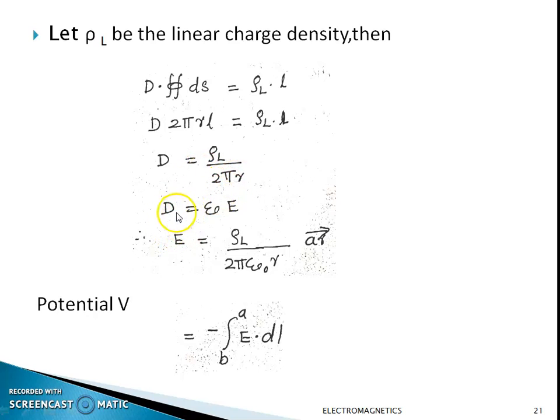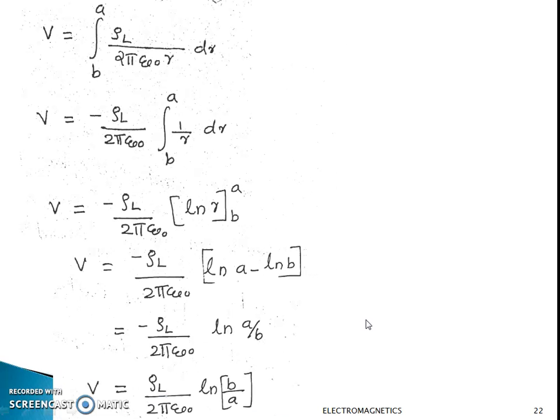We know D is equal to epsilon into E, so E is equal to rho L divided by 2 pi r epsilon 0 into the unit vector Ar. Then the potential is equal to minus integral B to A of E dot dl. From this, V is equal to integral B to A of rho L divided by 2 pi epsilon 0 r dr.